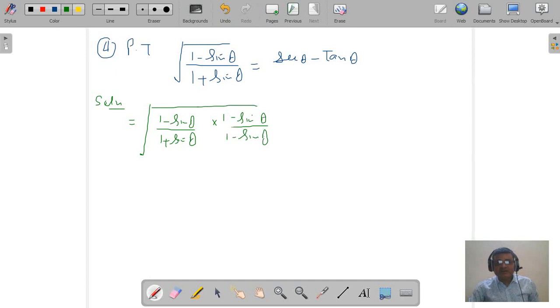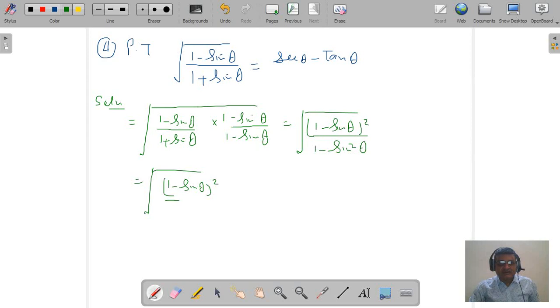So this will be equal to (1 minus sine theta) whole square upon 1 minus sine square theta, which is equal to (1 minus sine theta) whole square upon cos square theta.